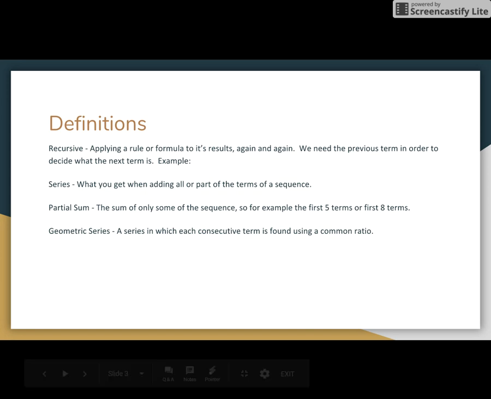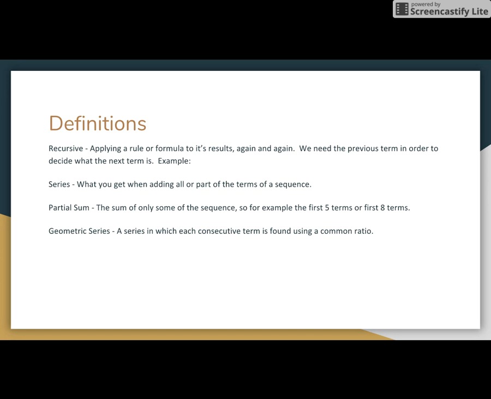Okay, so we have some definitions here. As we learned from the last video, recursive means applying a rule or formula to its results again and again. We need the previous term in order to decide what the next term is. One example of something defined recursively: you're always given the first term, so t sub 1 equals 3.